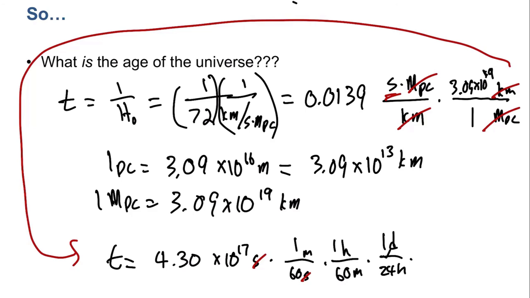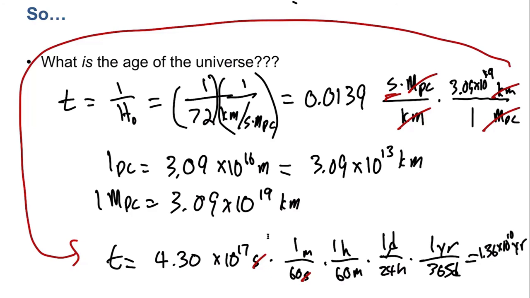We know that there are 365 days in a year. And when we multiply all those together, or divide 4.3 times 10 to the 17 by 60 by 60 by 24 by 365, we get 1.36 times 10 to the 10 years.